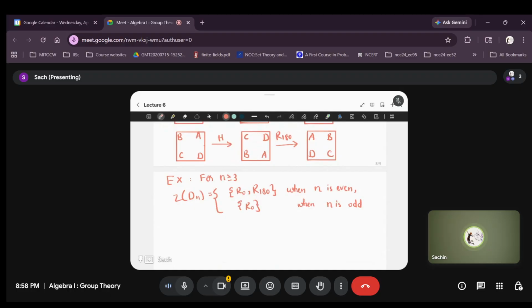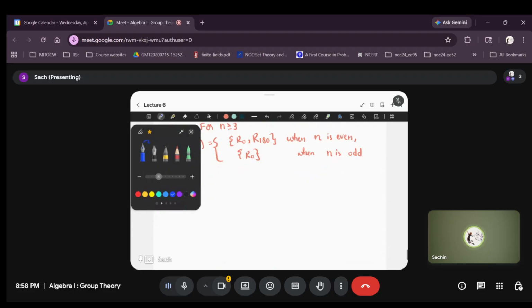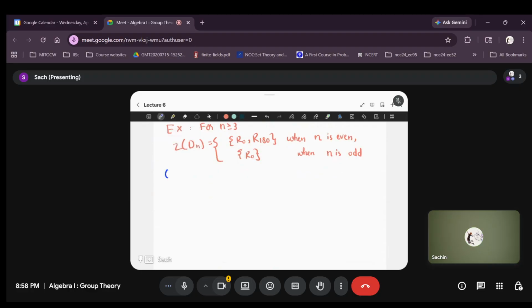So, that is the center of a group. And next, this center is a subgroup. How do we show that?